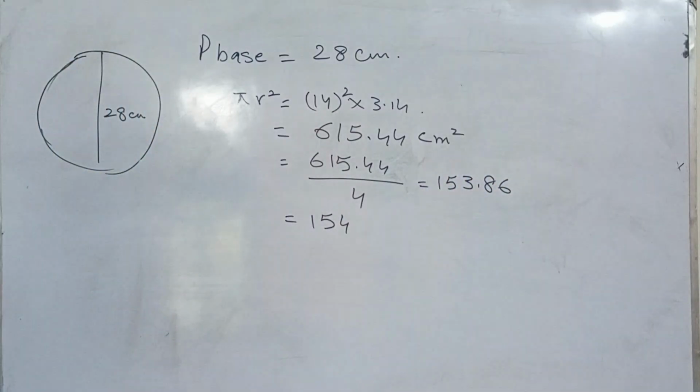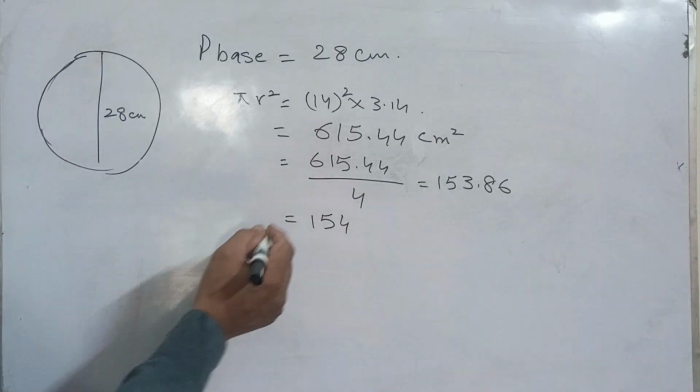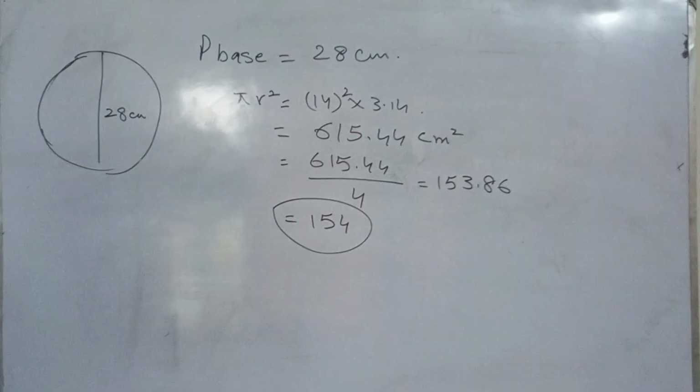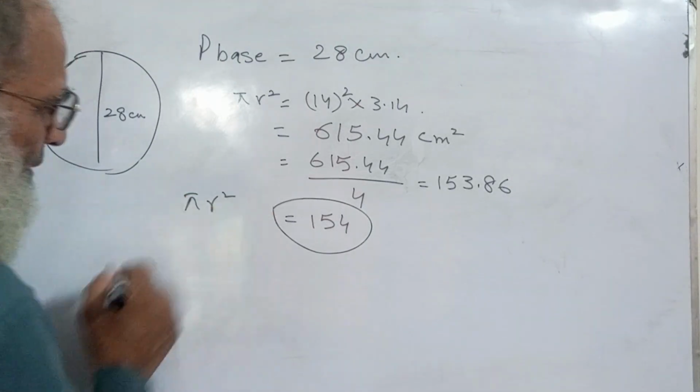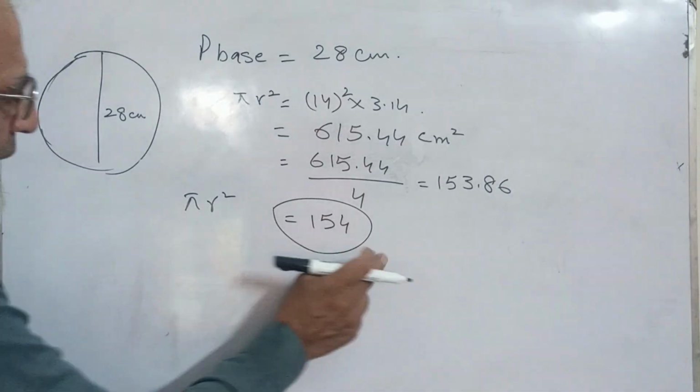I have just rounded it to 154. So this is the area of one smaller pizza. That means this is equal to pi r square.